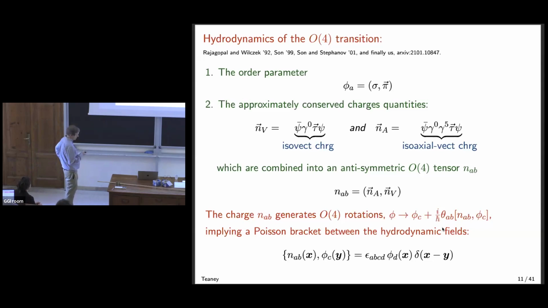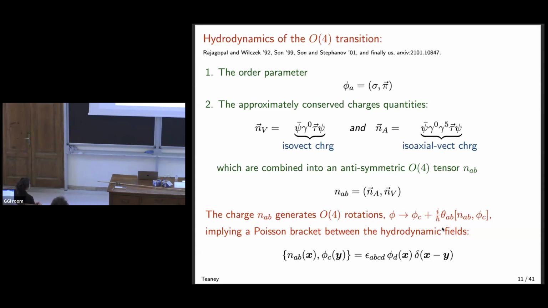Now when you talk about hydro, you have, again, the order parameter. First, what are the relevant degrees of freedom? You have the same order parameter that we had before, this O4 field, sigma and pi. But now when you talk about hydro, you should also include all of the conserved quantities in your hydrodynamic description.